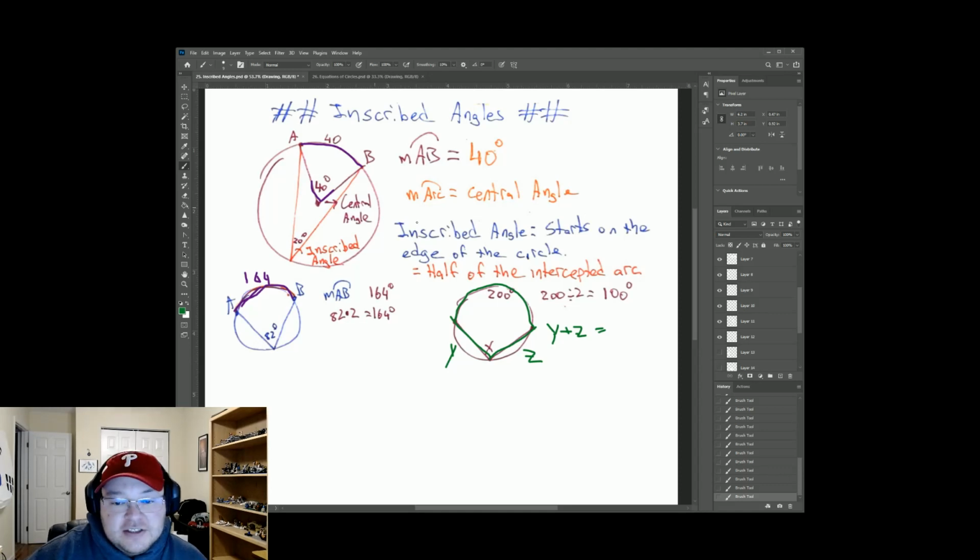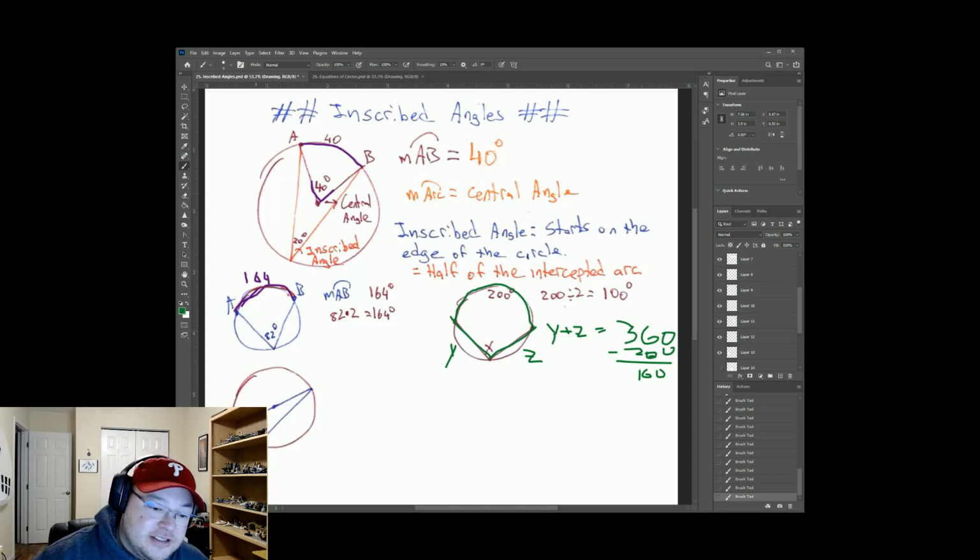So if this is 200 degrees of the circle, y plus z is what remained, which is 360 minus 200, which equals 160 degrees. Boom.